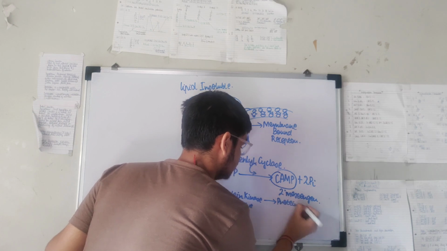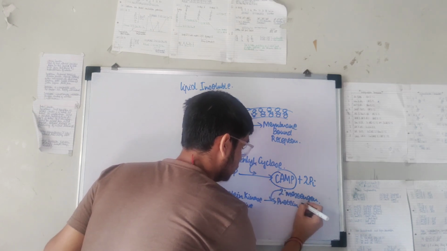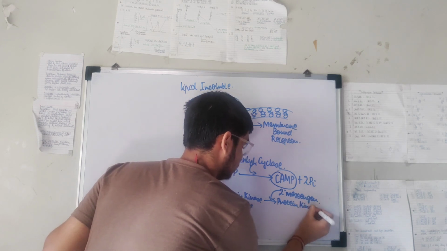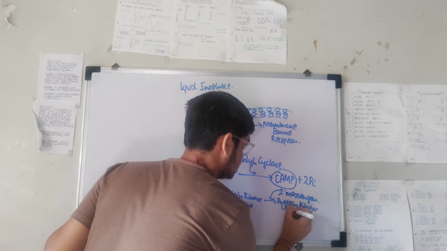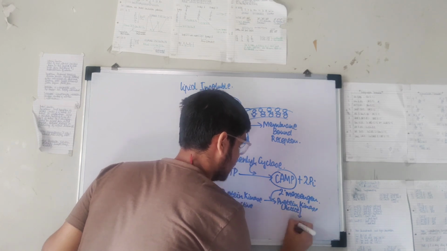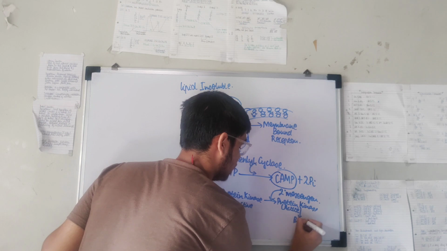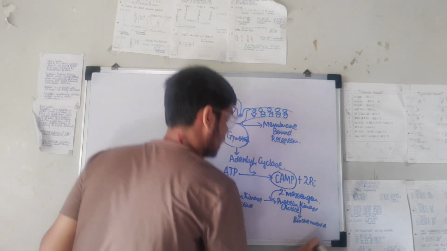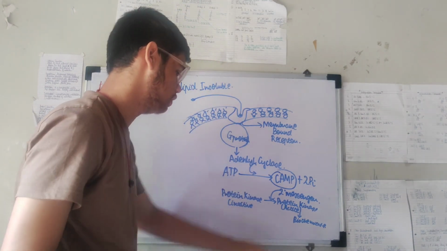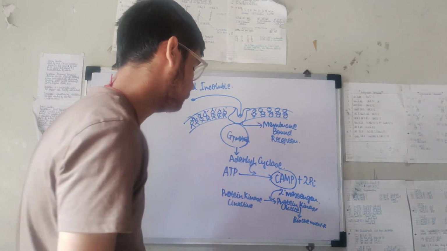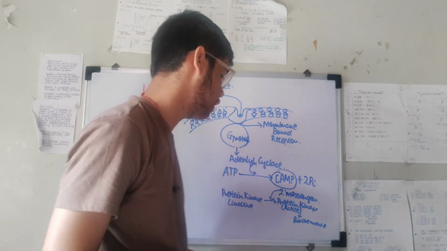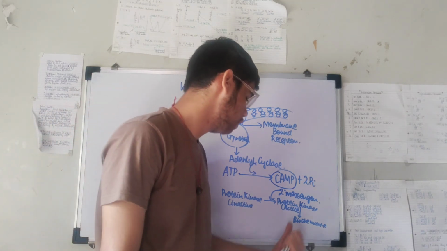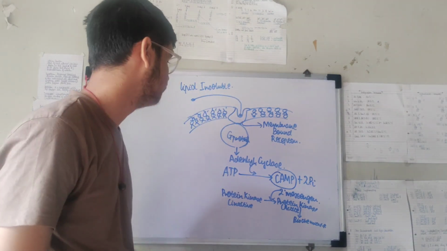Protein kinase, with the influence of cyclic AMP, converts to active protein kinase, and from this the biological processes are carried out. I've written here in short. If it is not visible, write what you hear: biochemical processes are carried out after protein kinase is active.